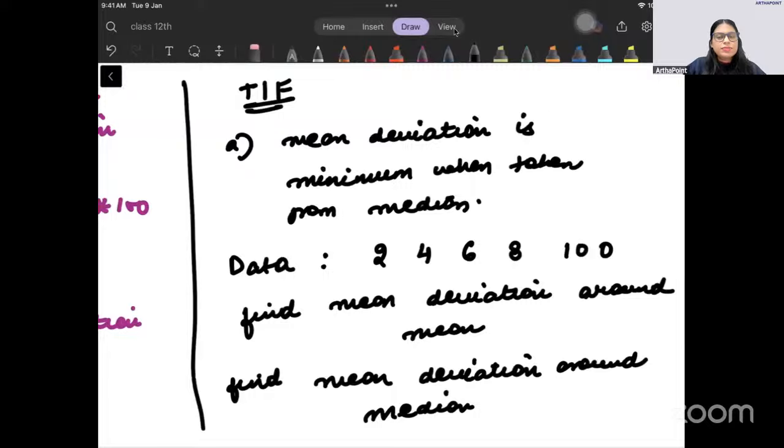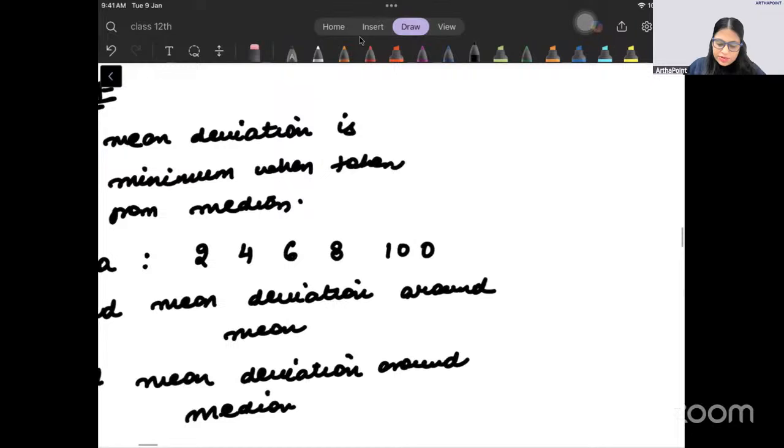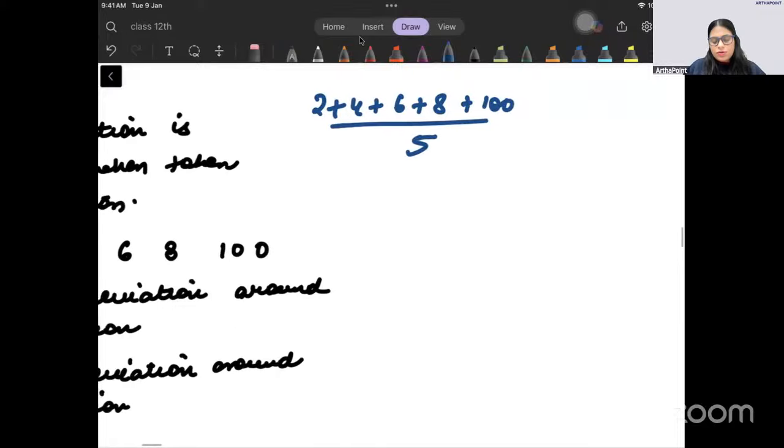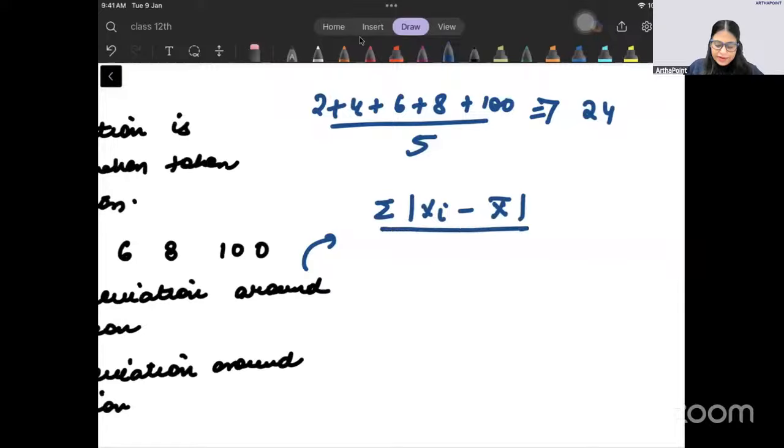Hanji, what answer are we getting? Mean deviation around mean निकालो. Find the mean. 2 plus 4 plus 6 plus 8 plus 100 divided by 5. So 8, 9, 10, 20, 120 by 5, 24. Mean deviation around mean means summation |xi minus x bar| divided by n.